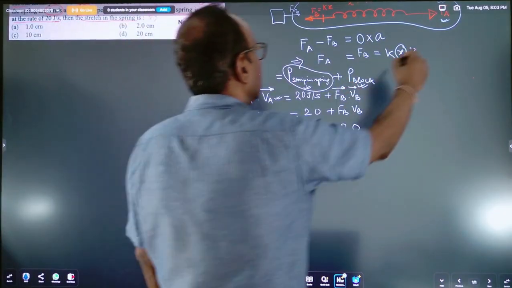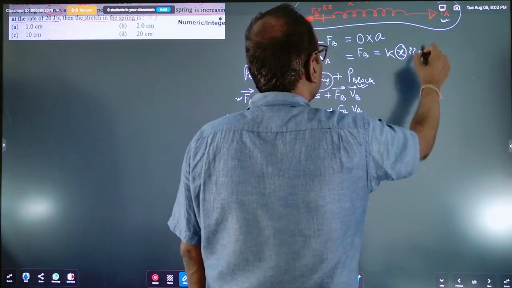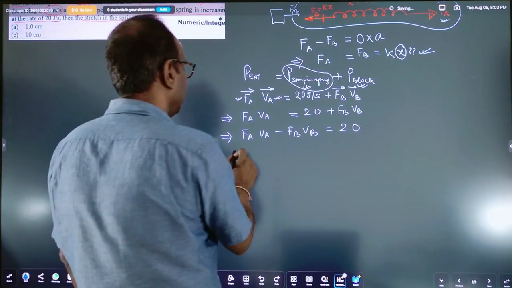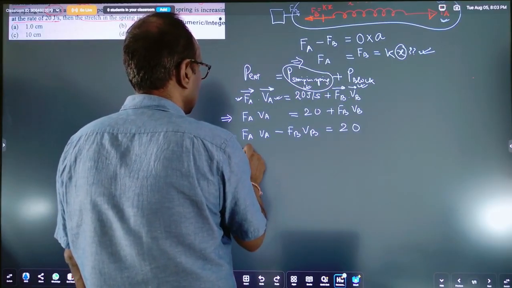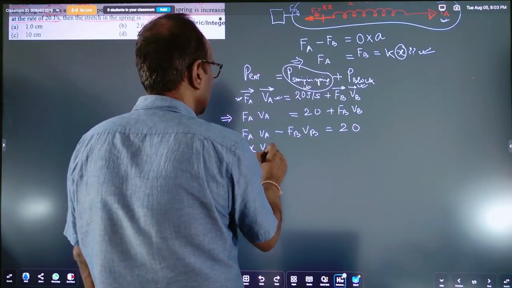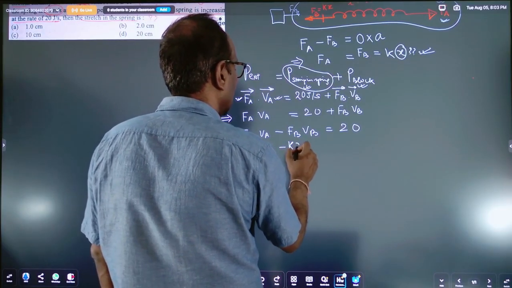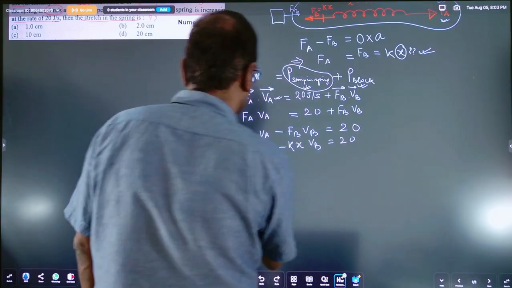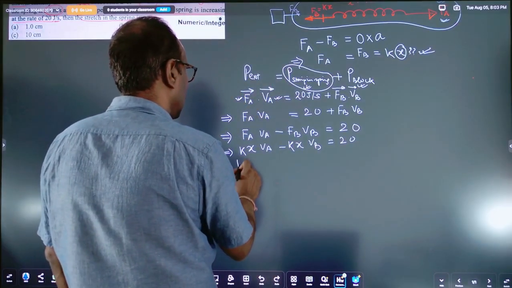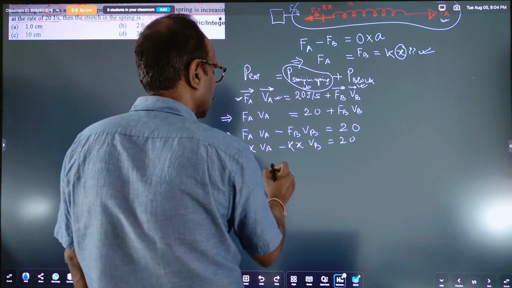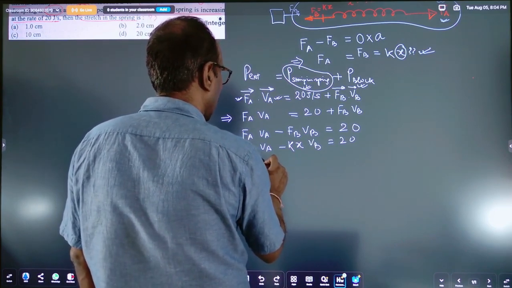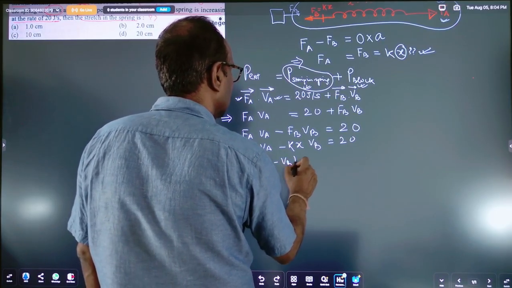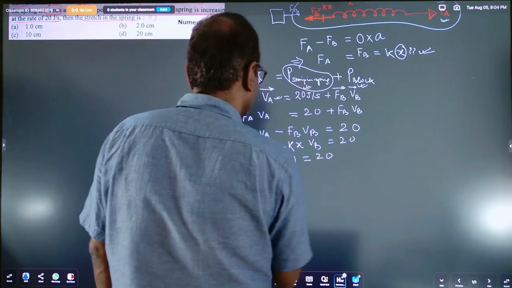We have already got FA equal to FB equal to Kx, so we can replace FA and FB by Kx. Kx VA minus Kx VB is equal to 20. Take Kx common, so this becomes Kx times (VA minus VB) equal to 20.